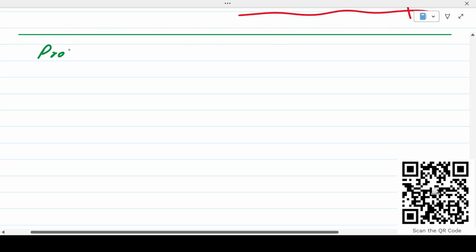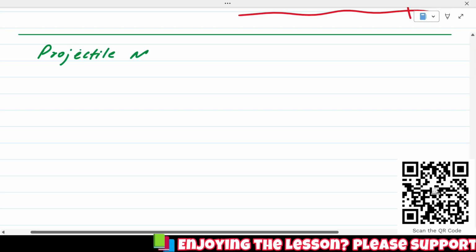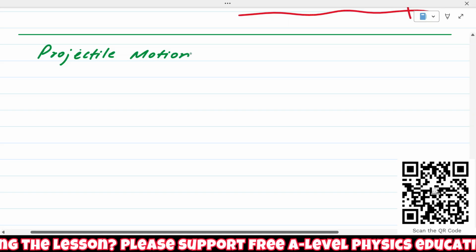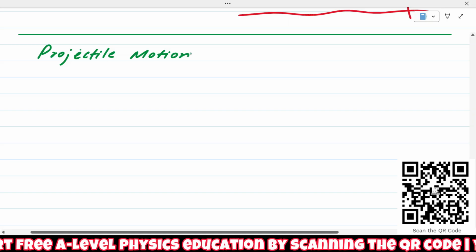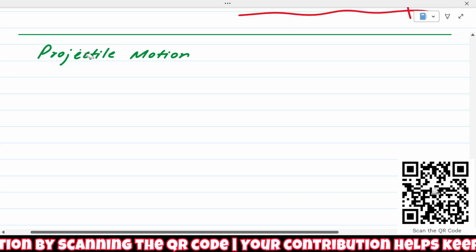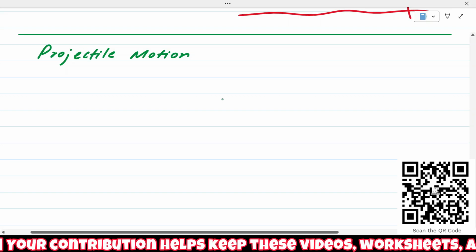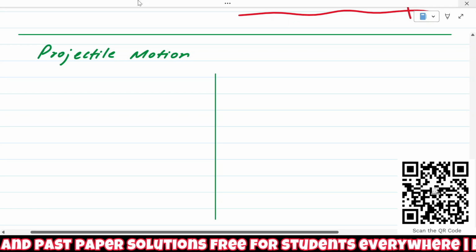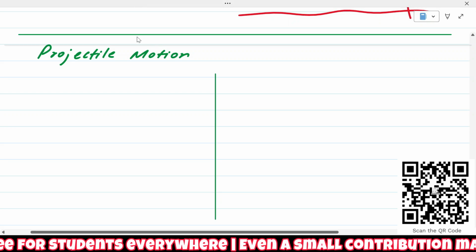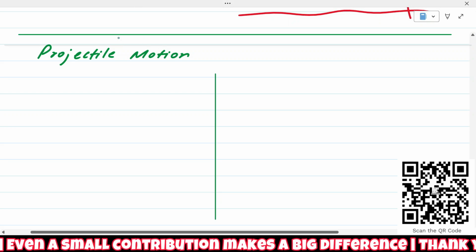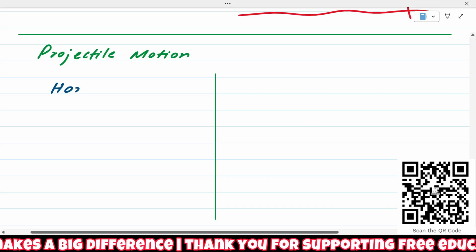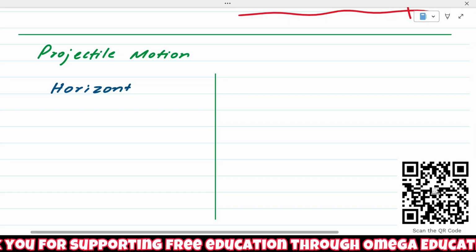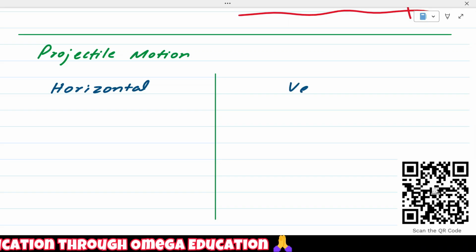Then projectile motion. The simplest thing about projectile motion is, whenever you see a question of projectile motion, the question needs to be resolved or divided into two different motions. One of them is horizontal and the other one is vertical.